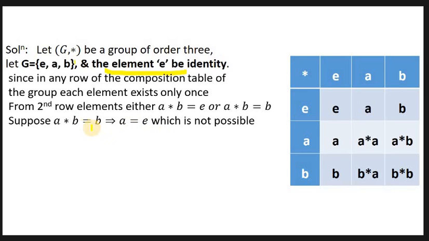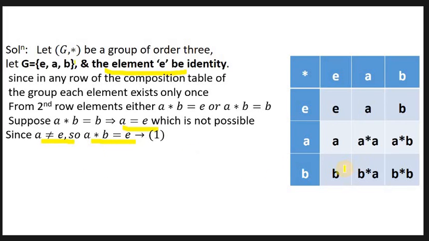So A equal to the identity element is not possible. So since A is not an identity element, A star B is equal to E. Take this equation as 1.